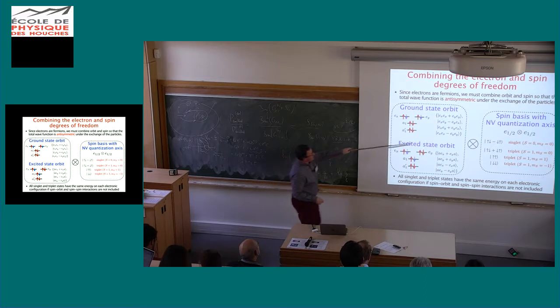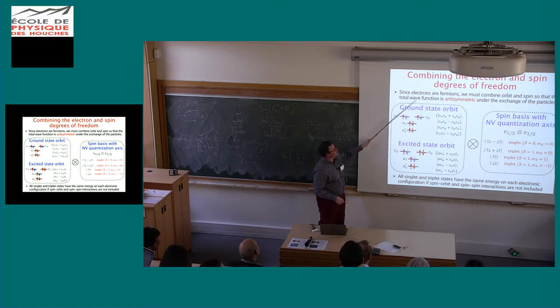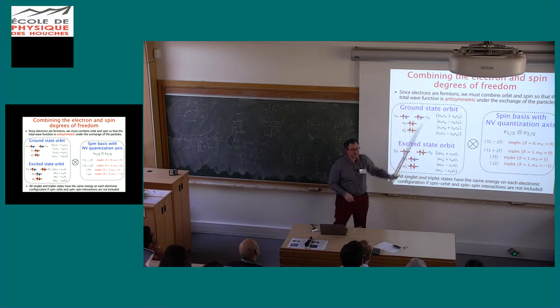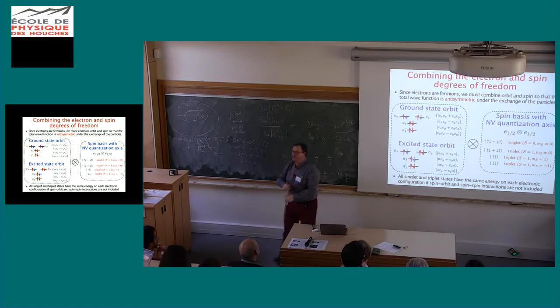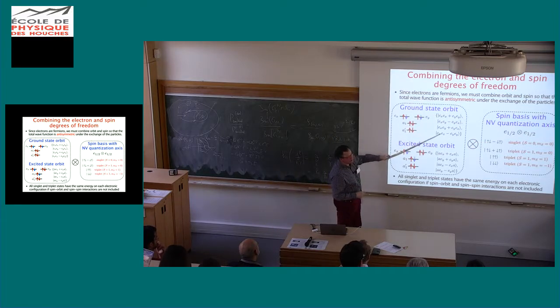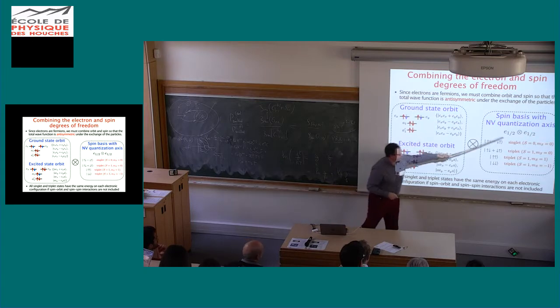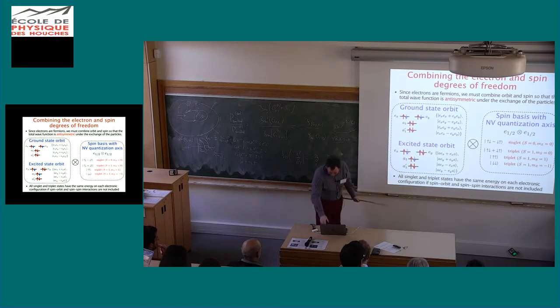But nevertheless, I have to build a total wave function which is, of course, antisymmetric in the exchange of my 2 electrons. So this means that if I have something here which is symmetric in the exchange, I have to combine it with an antisymmetric combination for the 2 spins. So it's very simple quantum mechanics. If you have to teach something, this is a possible problem.